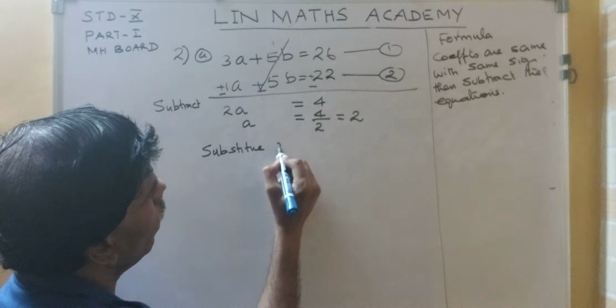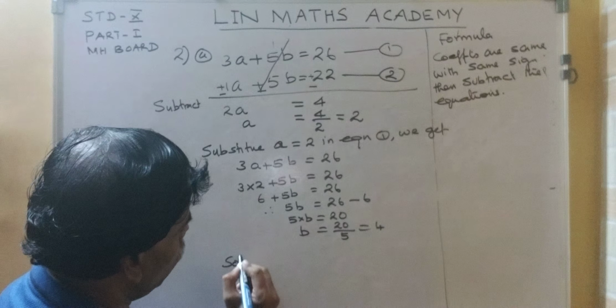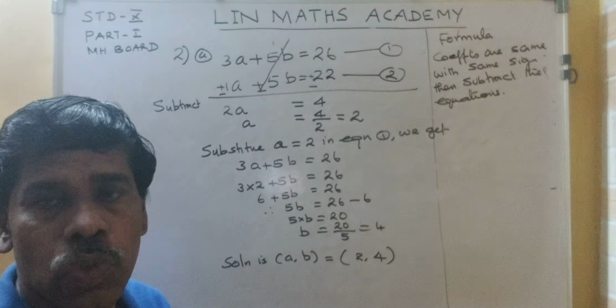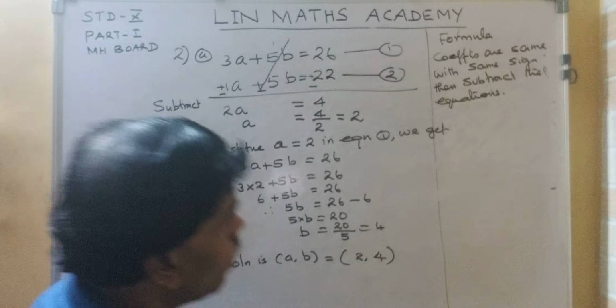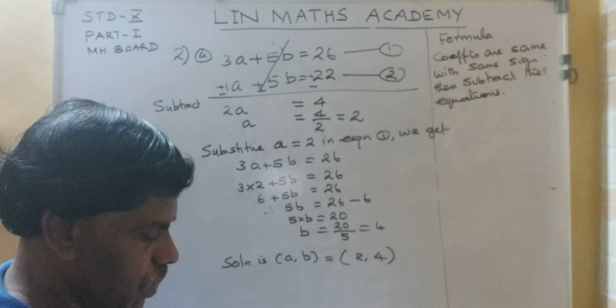So b equal to 20 upon 5, equal to 4. So the solution is a, b equal to 2, 4. These are all the same method, that is the elimination method by equating the coefficients.